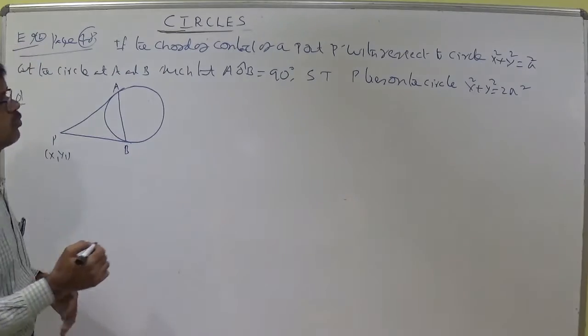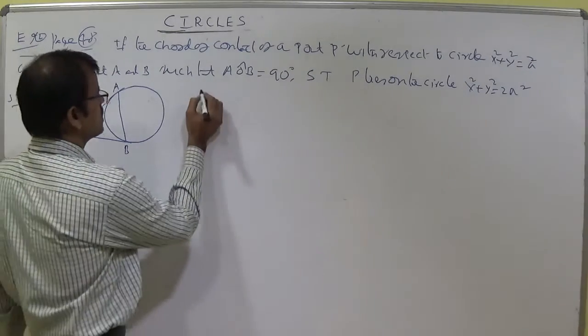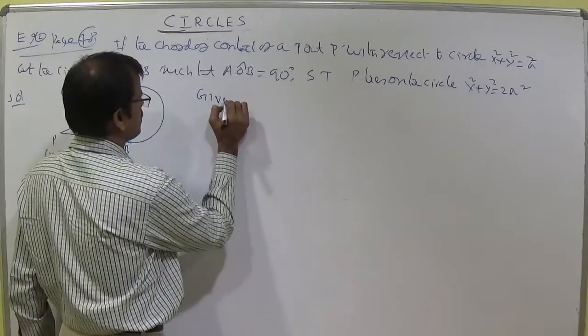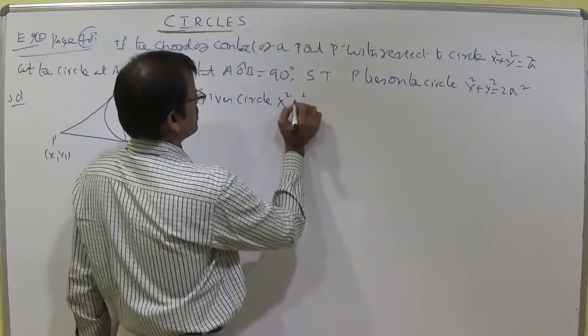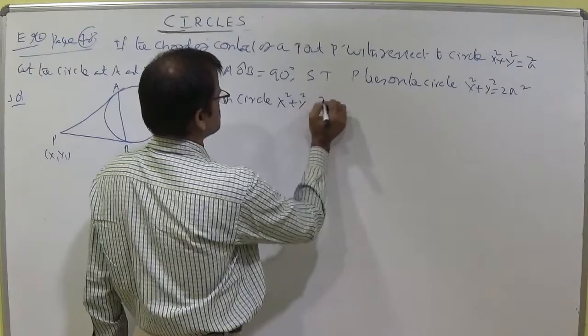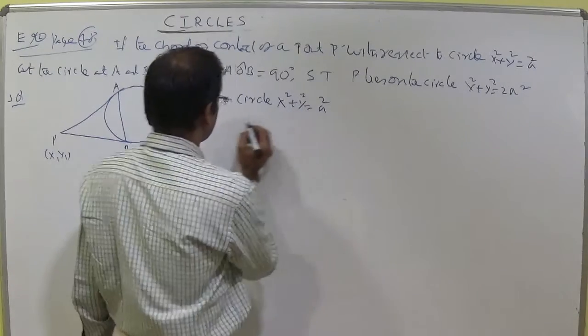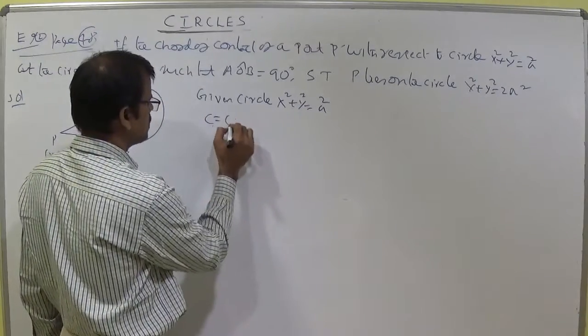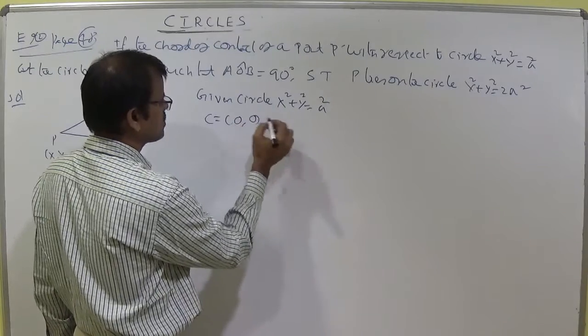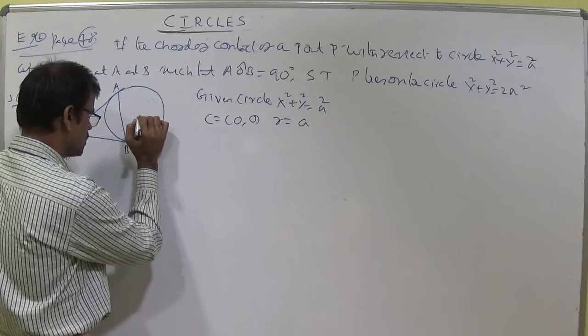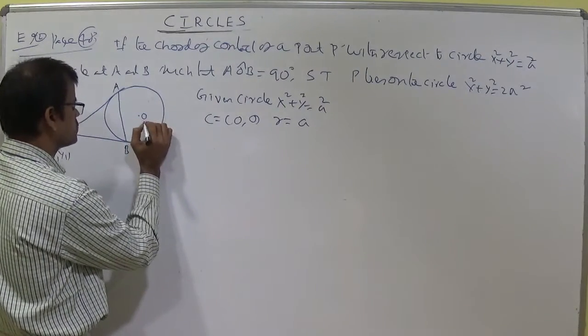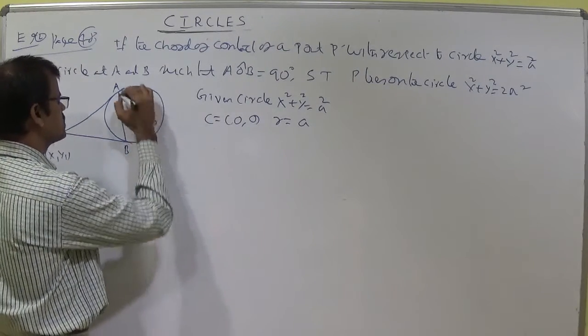Such that the angle AOB is equal to 90 degrees. The given circle is x square plus y square is equal to a square, so the center C is nothing but the origin. He mentioned that as O, so O means 0, 0.